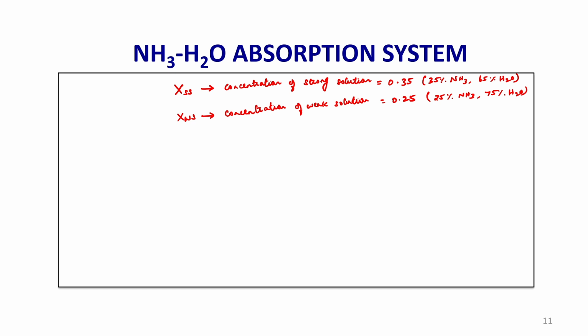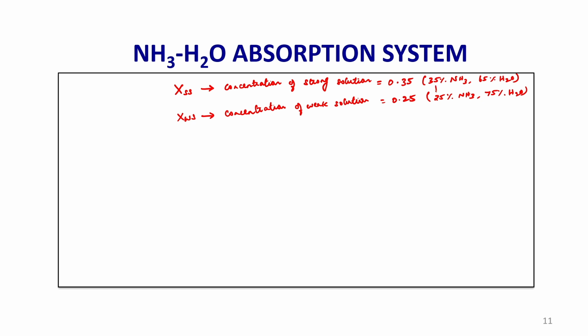In strong solution, the ammonia quantity is 35%, whereas in weak solution it is only 25%. So 35 is a larger number than 25. I define as strong the solution which has more refrigerant compared to the other solution. So the comparison should be vertical.